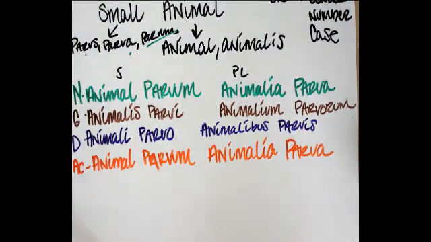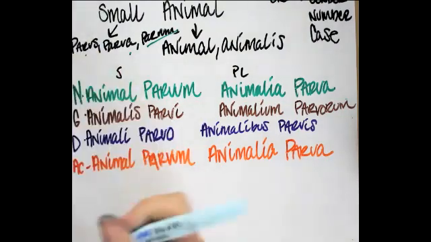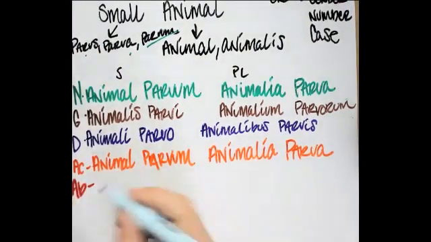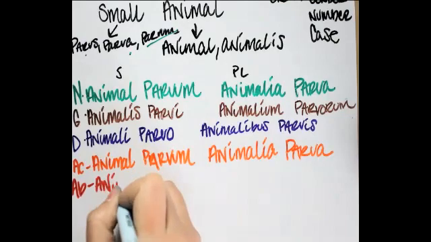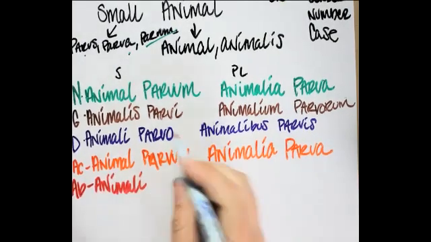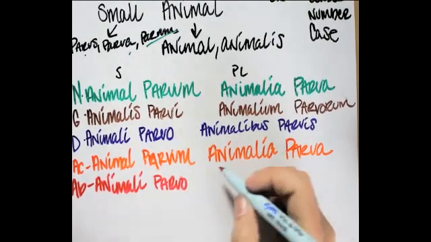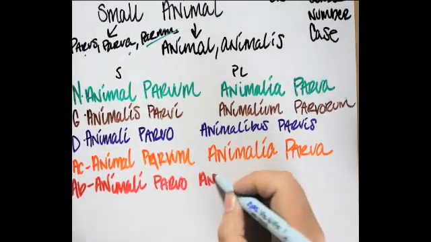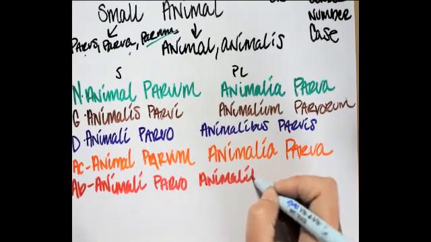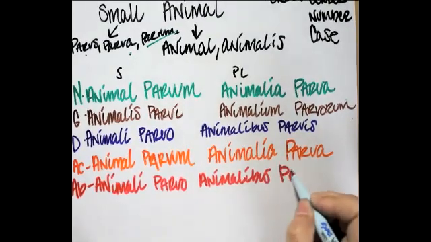In our ablative, animali, parvo. In our plural, animalibus, parvis.